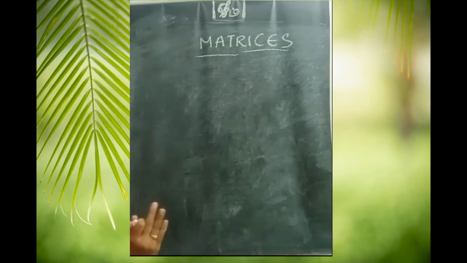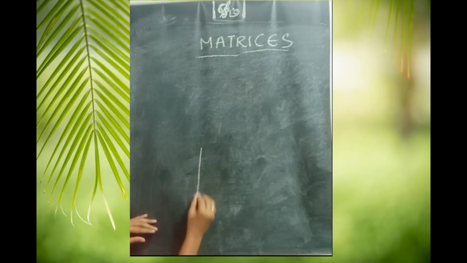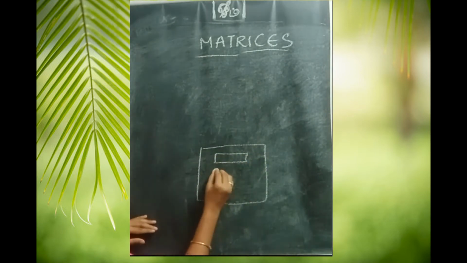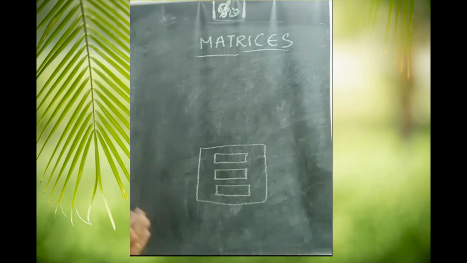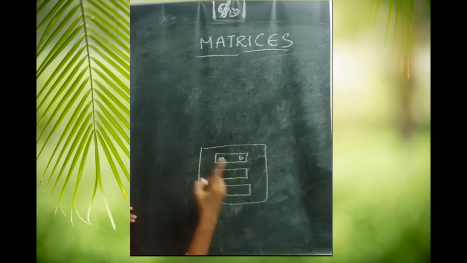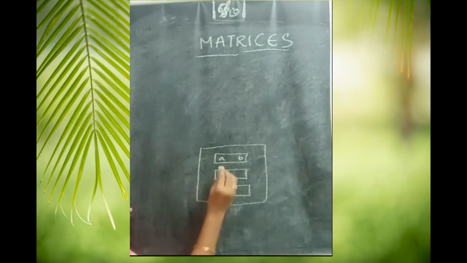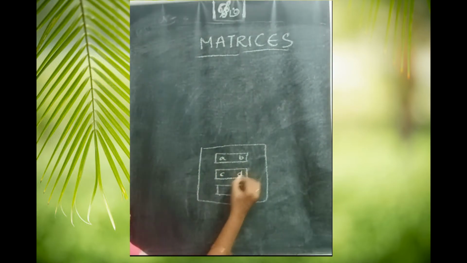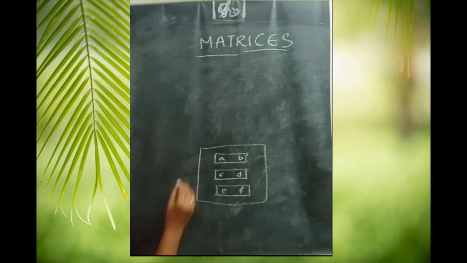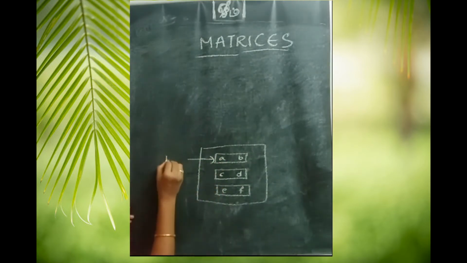Okay. For example, this is the class. In this, just think, 3 benches are here. The numbers are sitting here, A, B. In each bench, the 2 members are sitting, A, B, C, D, E, F. Okay. That means here, this is the first row.